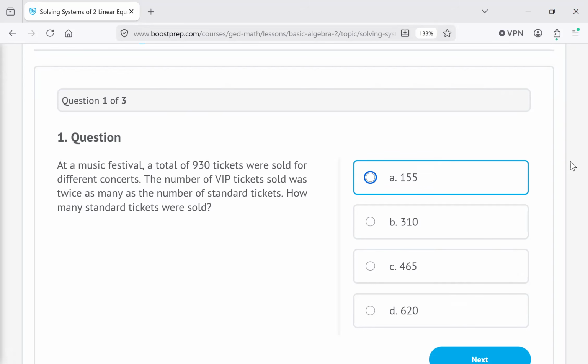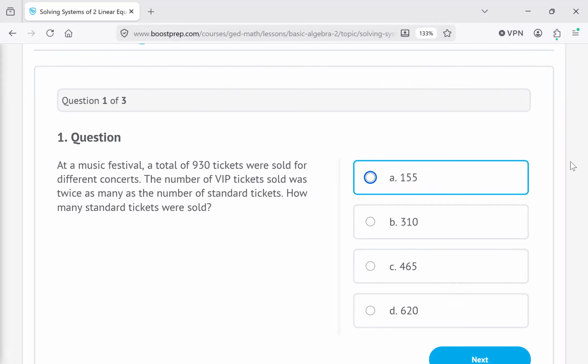So you've got to label your variables. What are we dealing with? We are dealing with tickets, but two types of tickets, the VIP tickets and the standard tickets. So we can create two variables.